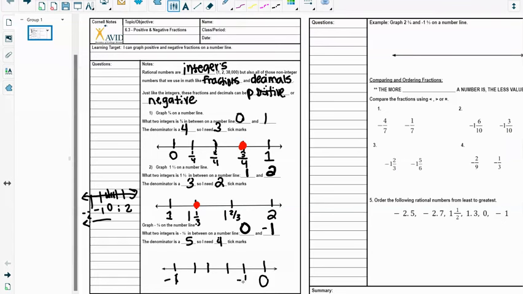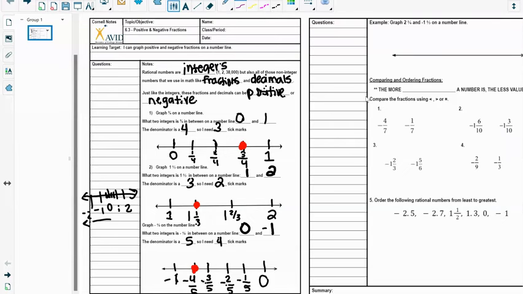So this would be -1/5. And then we're counting more negative as we get closer to -1. So negative 2/5. When we're putting negatives on a number line, it has to go to the left. It has to go backwards. 3/5, 4/5. Put a nice big dot on where negative 4/5 is. And that is how we would graph a negative.